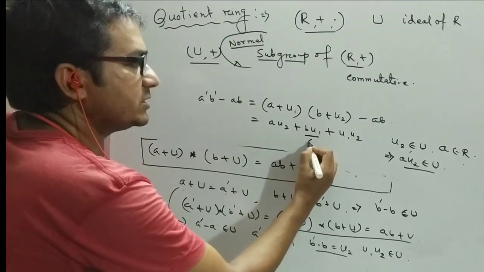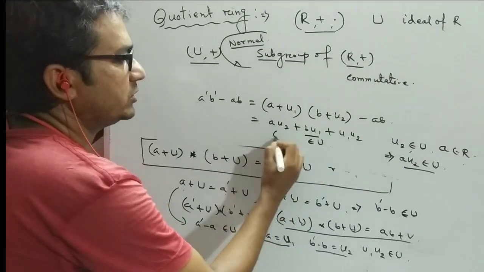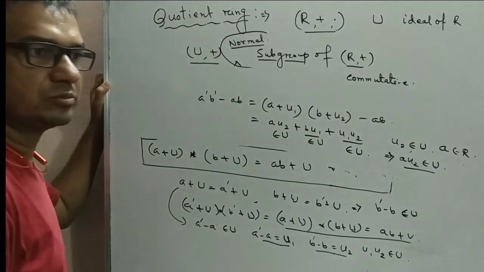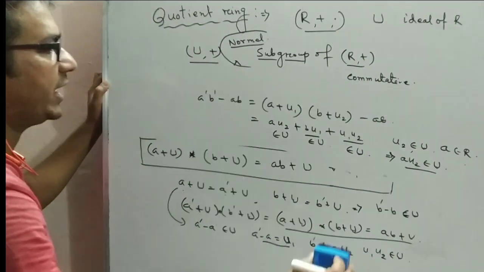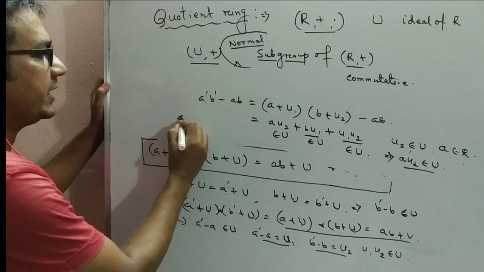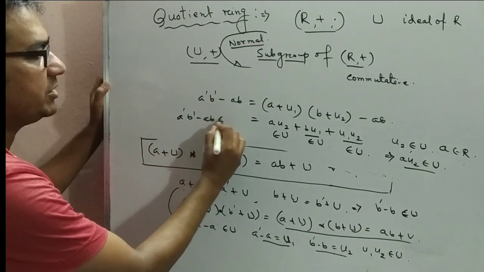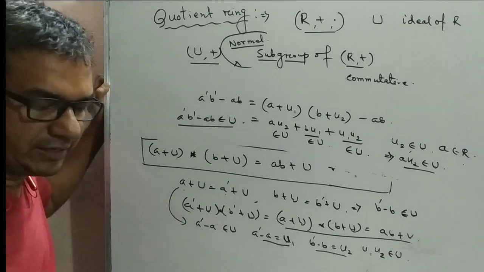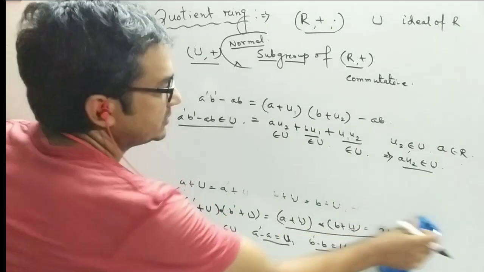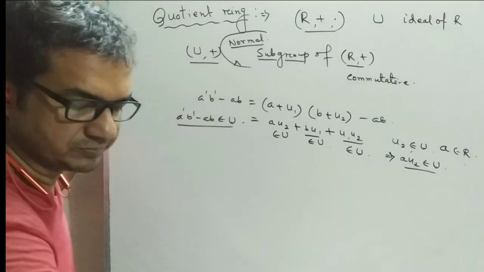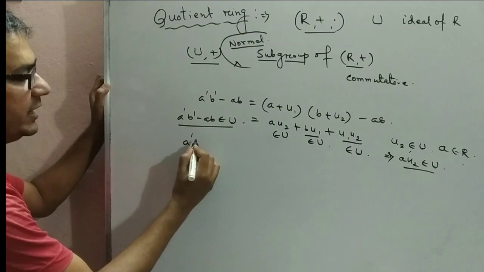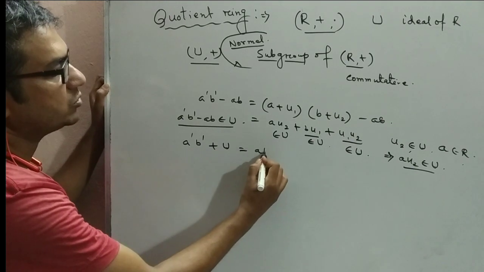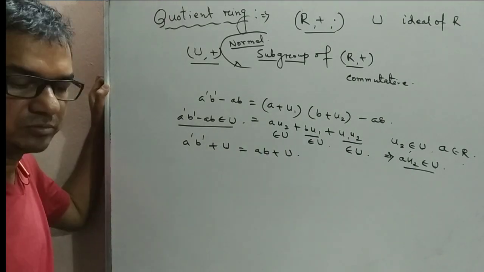Similarly, this also belongs to U. This belongs to U, this belongs to U, and it obviously belongs to U. So we can write that A dash B dash minus AB belongs to U. Okay, that is A dash B dash plus U equal to AB plus U.